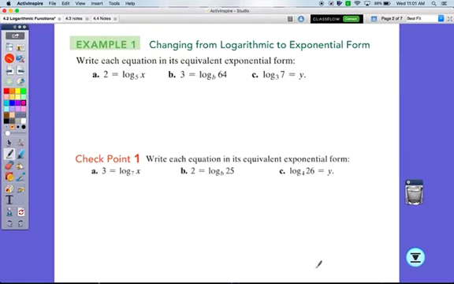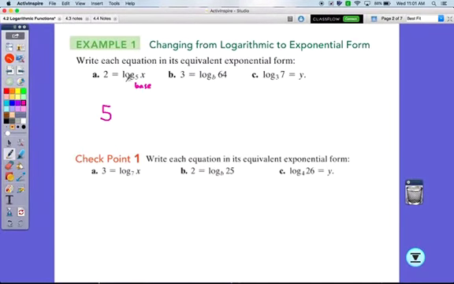Let's look at some examples, changing from logarithmic to exponential form. To write a logarithm in exponential form, we look at the base first. The number in subscript is my base, so the base is 5.